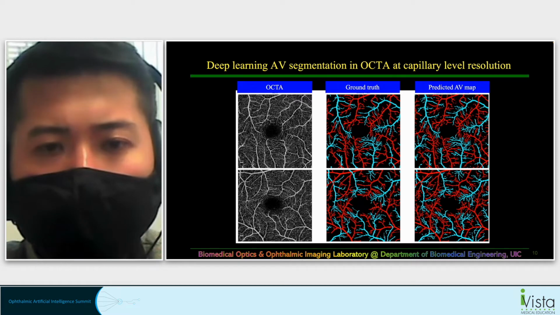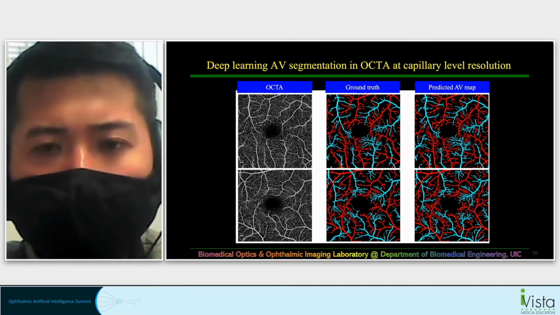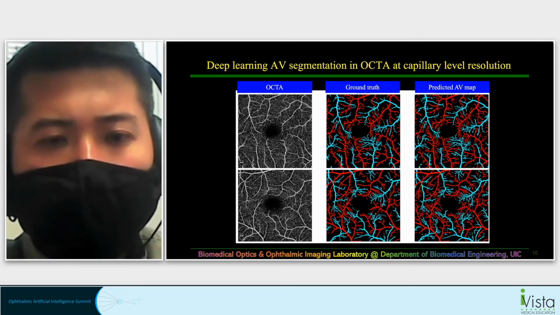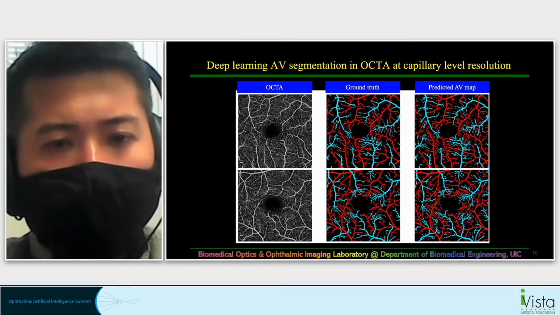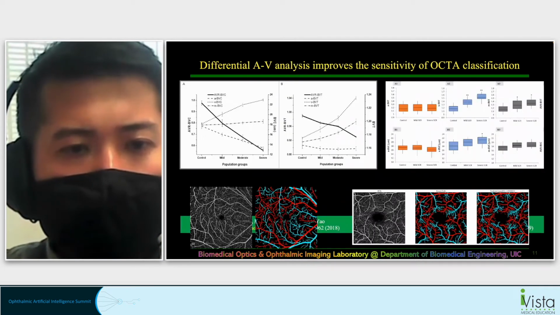Based on our recent study, we also demonstrate the ability to use deep learning to resolve capillaries using OCTA. We can achieve this possibly due to the previous saliency map analysis that we carried out. And using OCTA, there are several potential features that the CNN can leverage for AV segmentation.